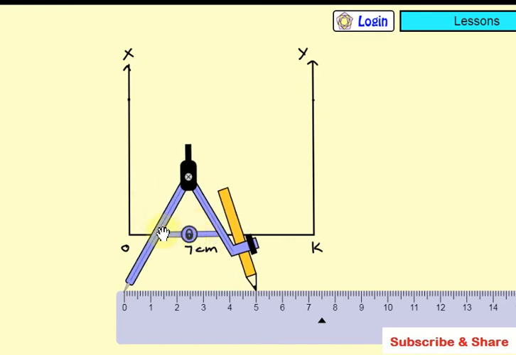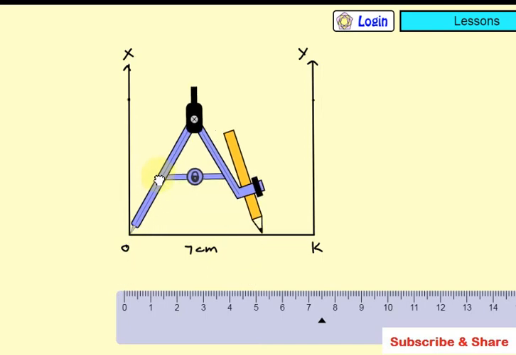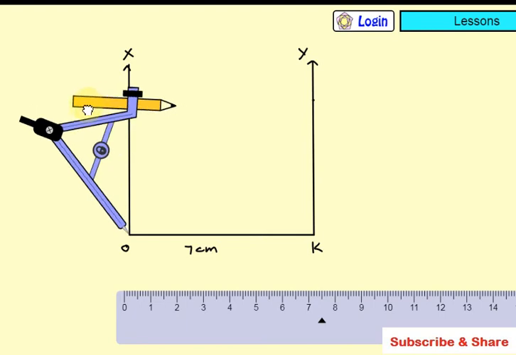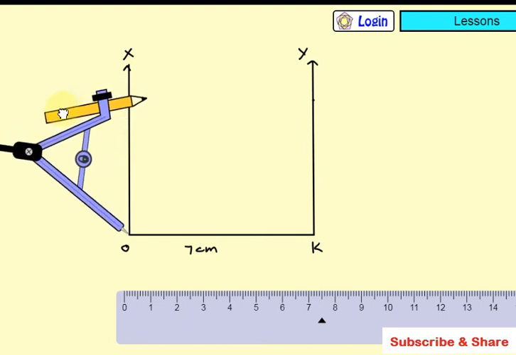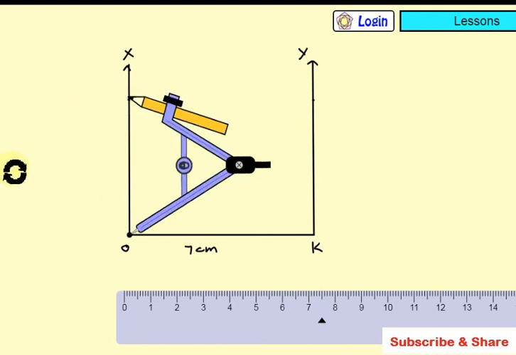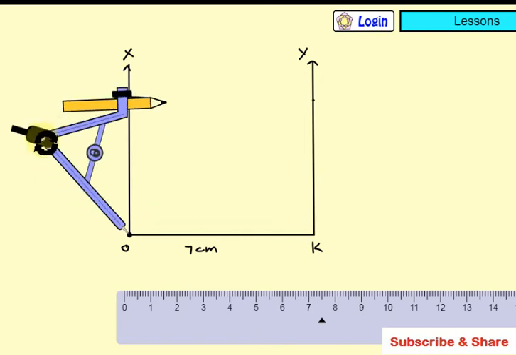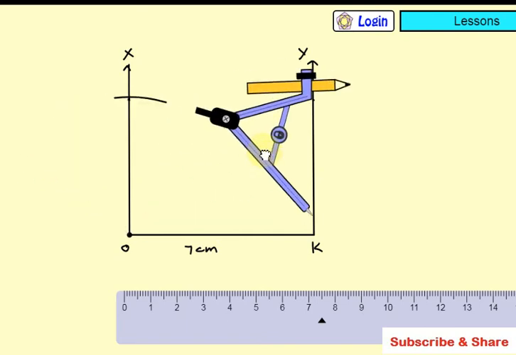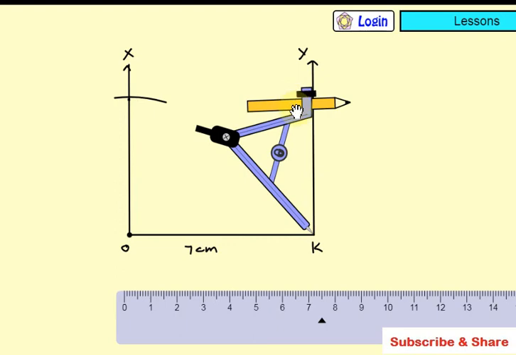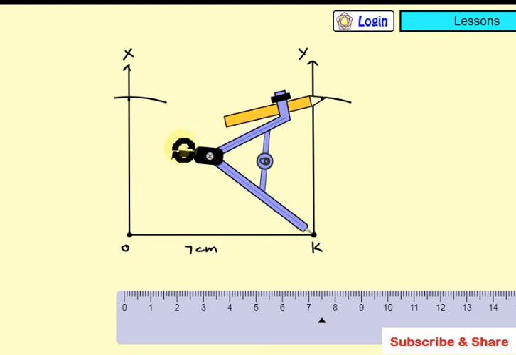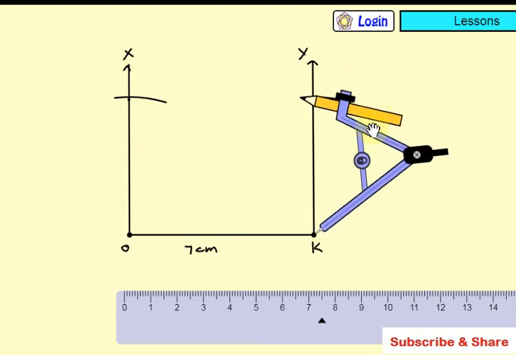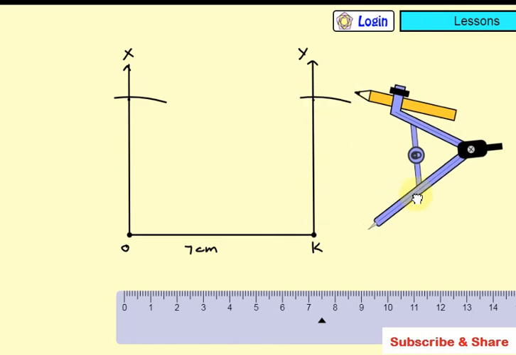Measure 5 centimeter. After measuring this, keep your compass at point O and cut an arc in the ray X. Similarly, keep your compass at point K, cut an arc in the ray Y. Now we have to connect these points.